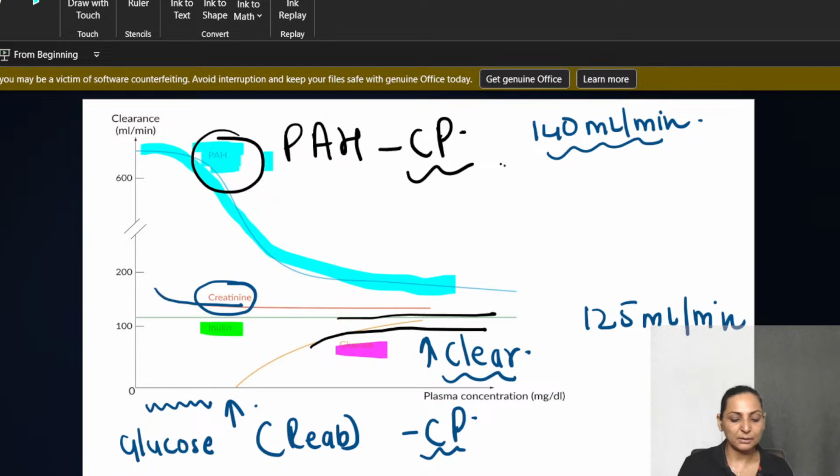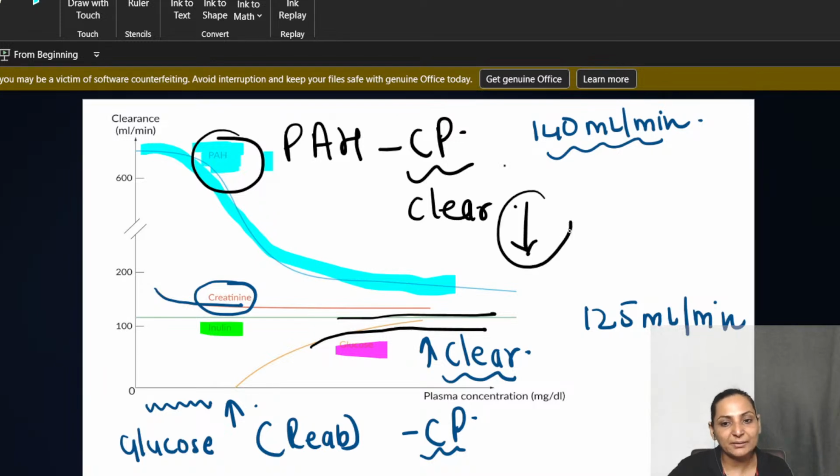Next important are the substances which are secreted, for example PAH, and these secretory substances also require a carrier protein. Once they require a carrier protein for their secretion, and you keep on increasing the plasma concentration of that substance, there will be saturation of the carrier protein and the clearance of that substance will decrease.